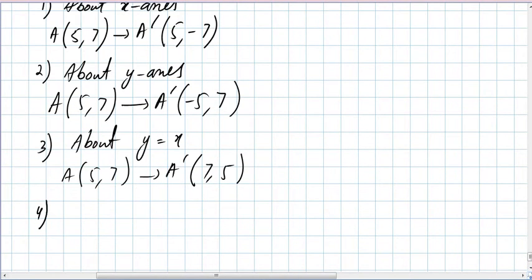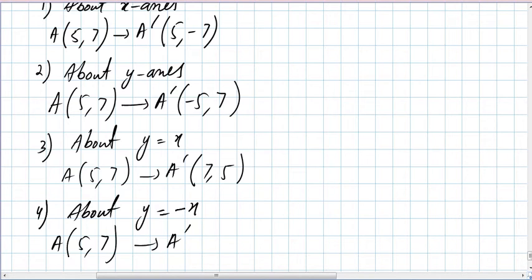The last, reflection about y is equal to minus x: you will see that the point A, which was 5, 7, becomes minus 7 and minus 5. Means y value becomes x, x becomes y, and their signs change.